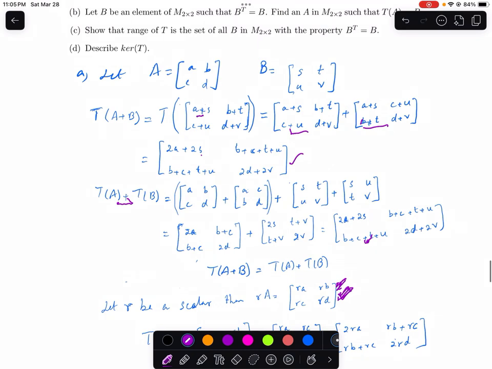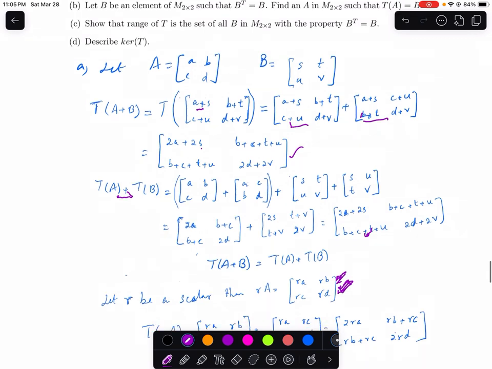So this is RA, and when I take the transpose, it will give me this matrix plus its transpose.